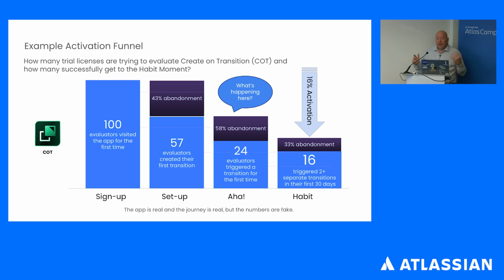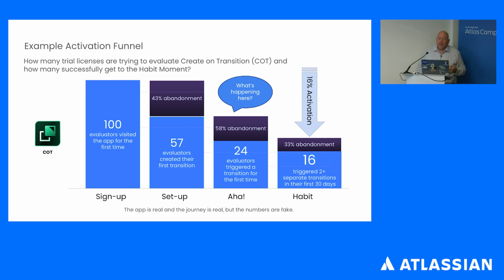We go to the aha moment. If only 24 of that original 100 users, or those 57 users, excuse me, make it to actually trigger that workflow transition, well, now we've lost 58% on that step. So that tells us someone thought it might be valuable, but maybe they didn't successfully get the workflow transition set up, so they never could trigger it, and they never went any further.